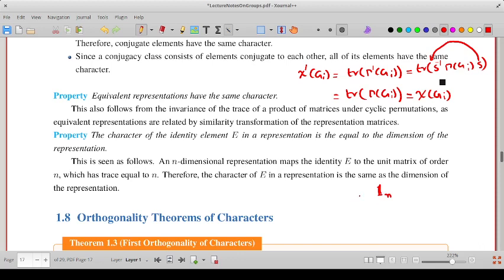And therefore the character of the identity element in that representation will be the trace of the unit matrix of order n, which is simply n. And therefore the character of the identity in an n-dimensional representation is simply n.